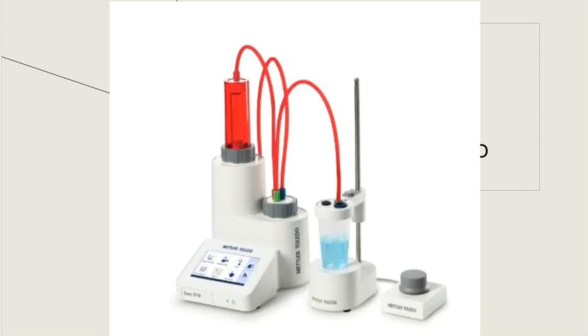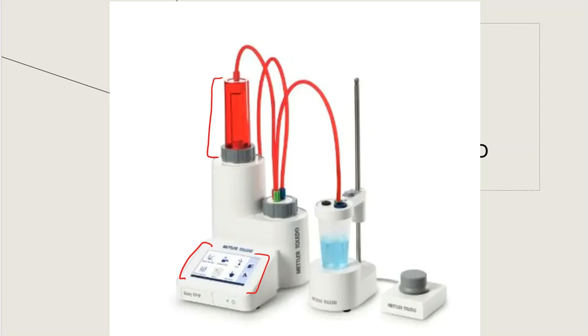Here's Mettler Toledo's version of a titrator, or at least one version of one. And again, they try to simplify the design so that users aren't confused, and it's very easy to train a new employee on, because it is a basic test that many people do on maybe their first day on the job. Who knows? But same kind of deal. We get a touch screen down here at the very bottom that gets loaded.